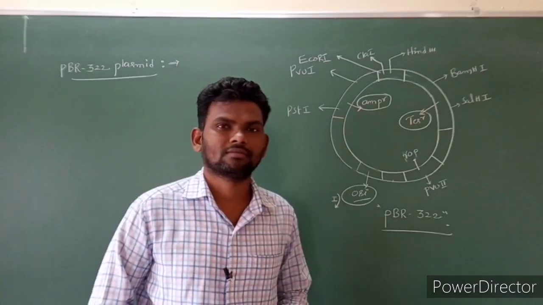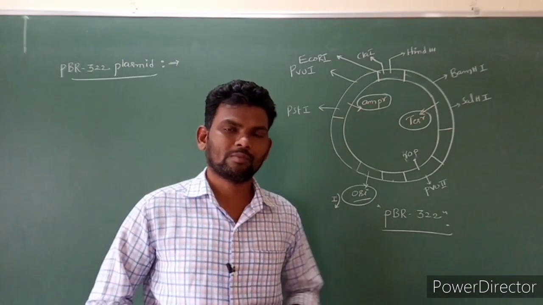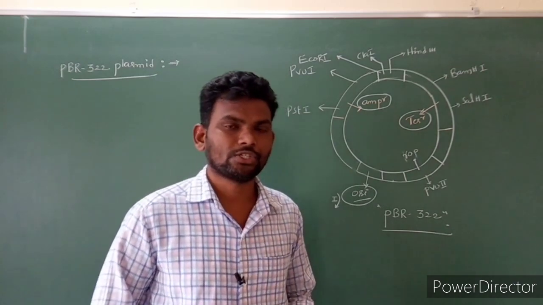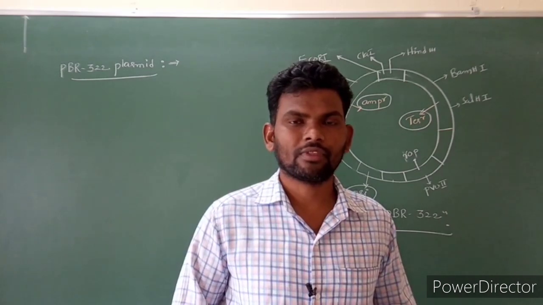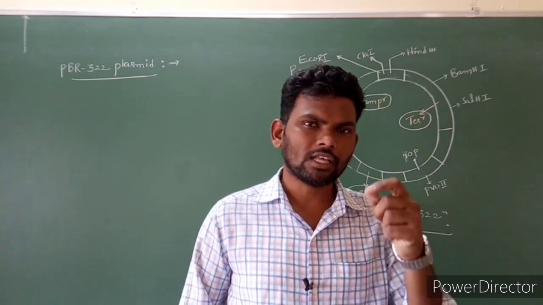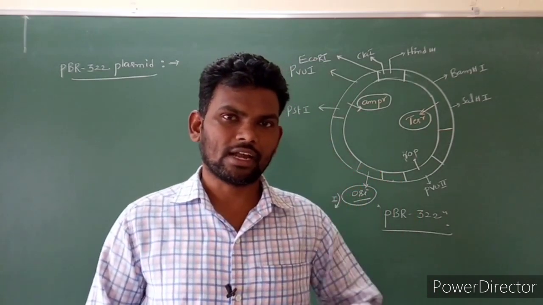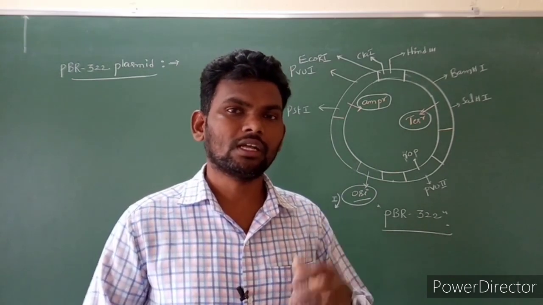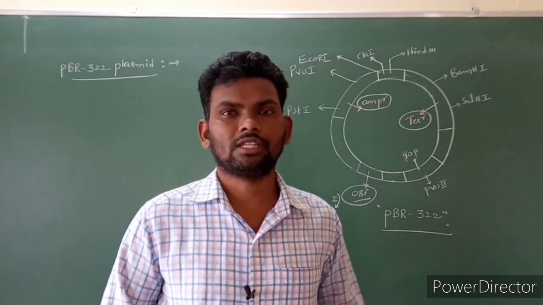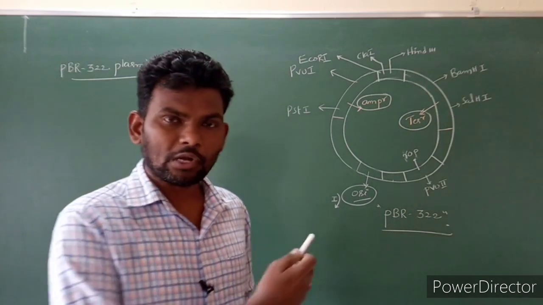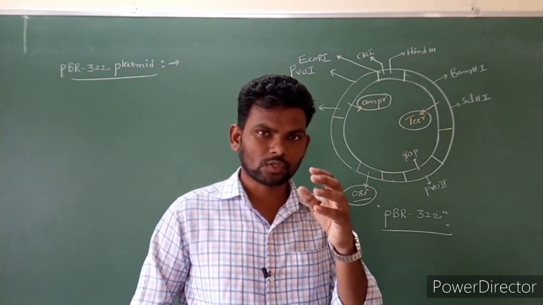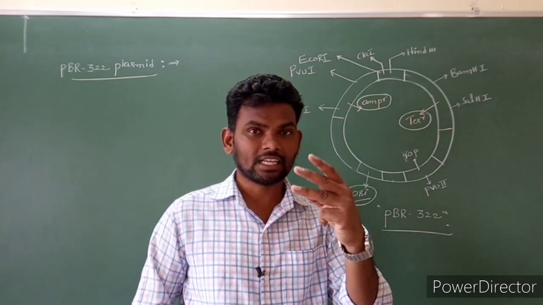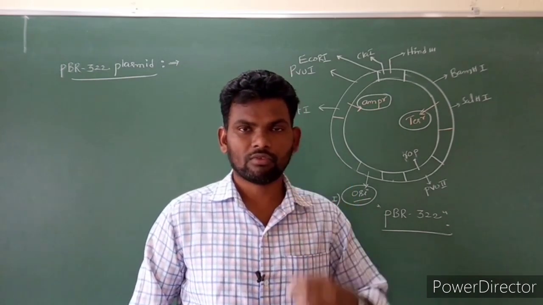Okay. In NCERT, one diagram is given, that is the pBR322 plasmid. It is very important. Actually, less information is covered in NCERT, but it is important for competition exams as well as theory. Each vector which is used for cloning should contain three main regions.